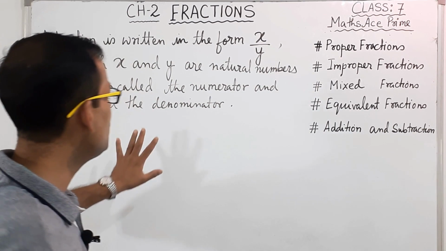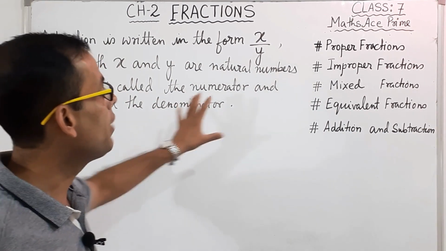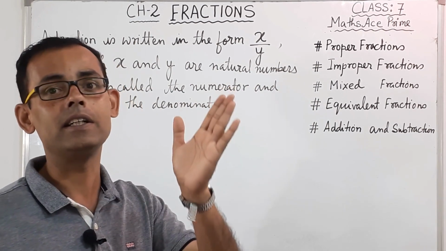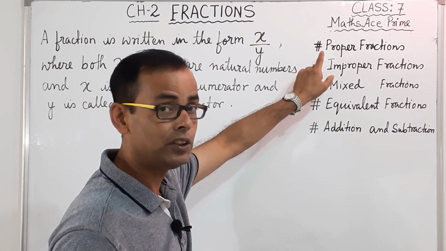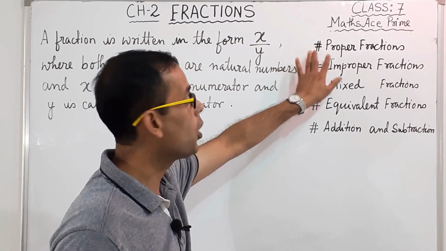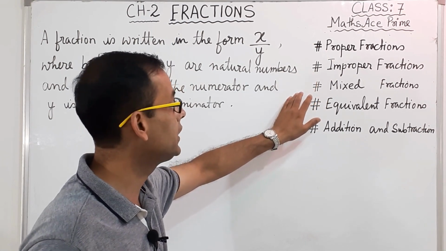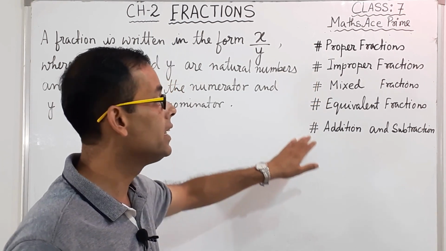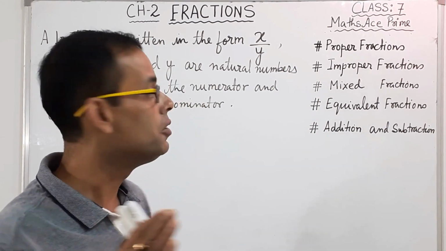Now before starting this chapter, we have to recall what we have studied in class 6. In class 6 you have studied the fraction chapter. There you have studied proper fractions, improper fractions, mixed fractions, equivalent fractions, as well as addition and subtraction of fractions.